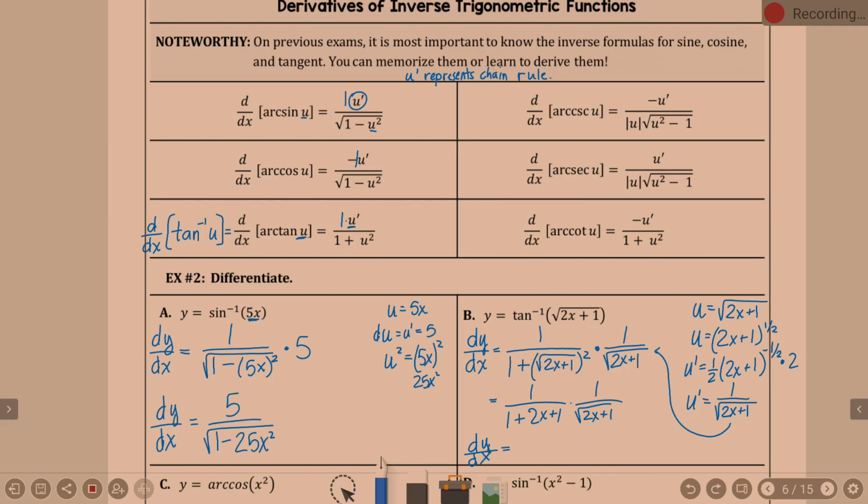On top, 1 times 1 is? 1. On bottom, the first part, 1 plus 2x plus 1 is 2x plus 2 times the square root of 2x plus 1. That's it. The only other thing you could do, my answer key has the 2x plus 2 with a 2 factored out. And it says 2 times x plus 1.